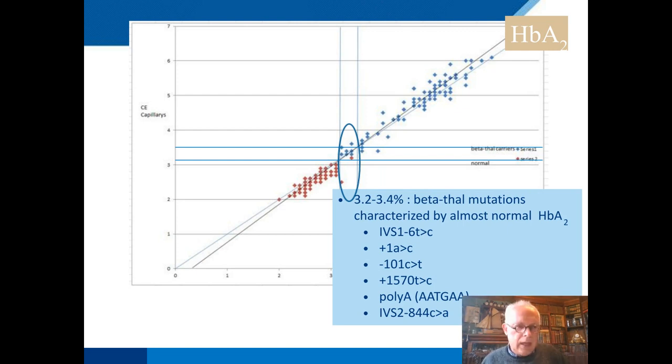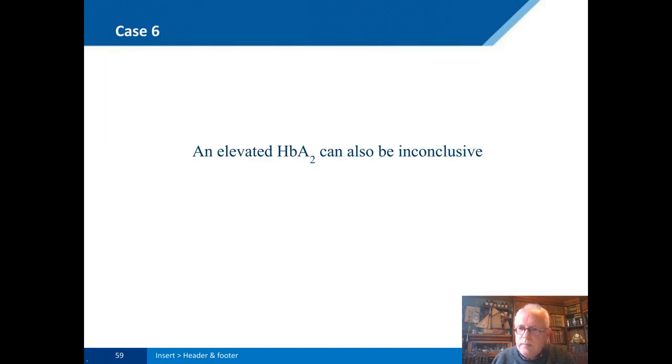They are listed here. So the IVS1-6 T>C, the +1, -101, etc. These are all mutations in which, given heterozygote, only a very tiny elevated A2 is found. So they can easily be overlooked. So an elevated A2 can also be inconclusive.